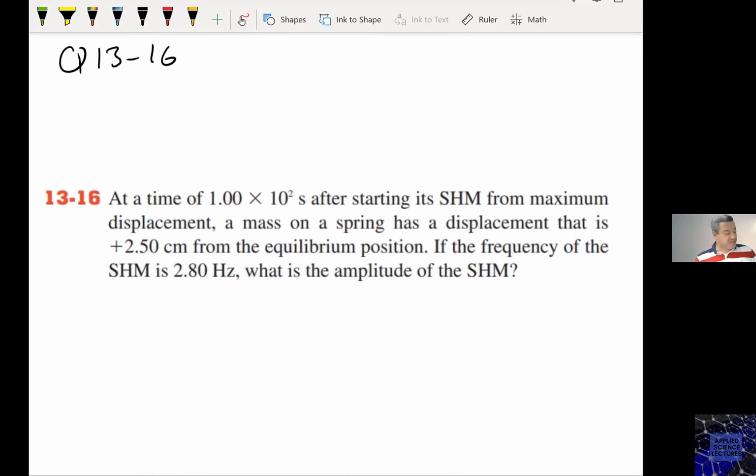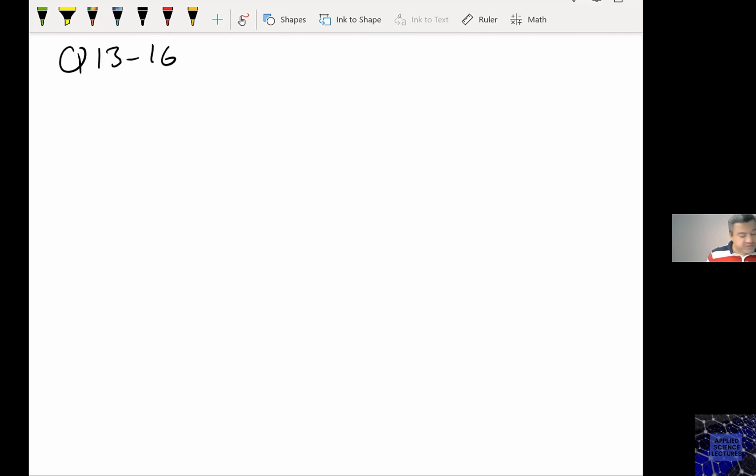Question 1316 reads, at a time of 100 seconds after starting its simple harmonic motion from maximum displacement, which means we have here a cosine function, and we're starting from maximum, which means it's a positive amplitude of cosine omega t.